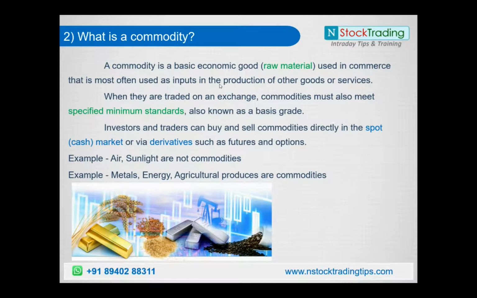But if you take examples like rice, wheat, meat, gold, silver, crude oil or gas, these are all commodities because they have some economic value, and they are used as raw materials for making other goods and services. So I've given you examples of what is a commodity and what is not a commodity.